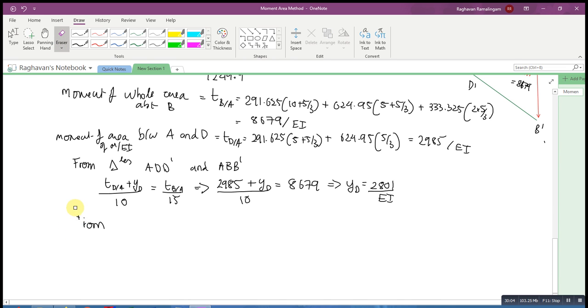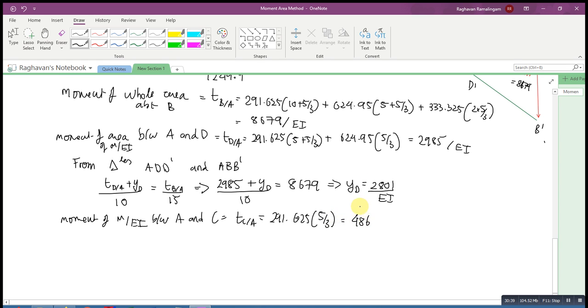So similarly I can find the moment of the M by EI area between A and C, which equals TCA, which equals 291.625 times 5 by 3, equals 486.